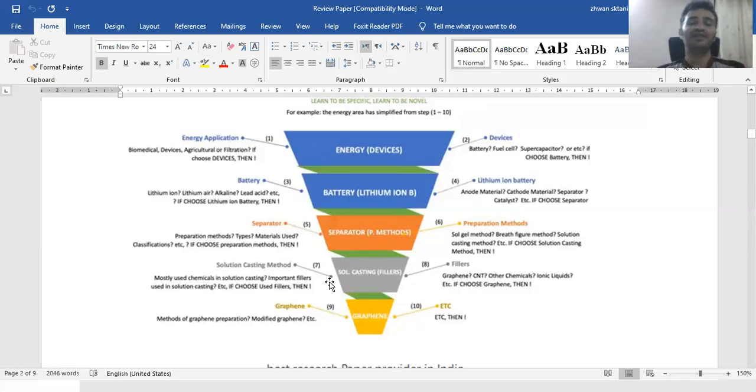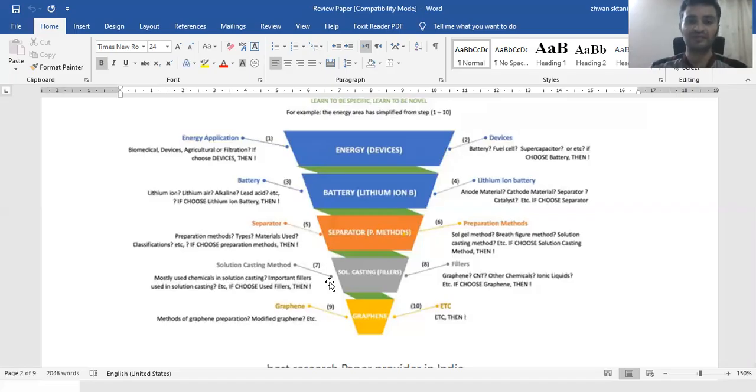If you find that this particular topic was not published earlier, you can go ahead and start writing the first outline of the review paper. What is the importance of this approach in the review paper?